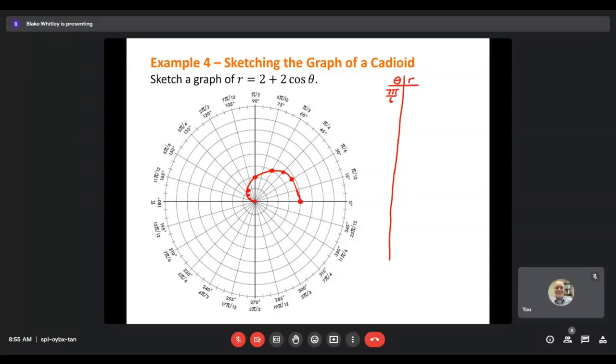Again, I'm just going to use a calculator since I know I'm going to need decimals.